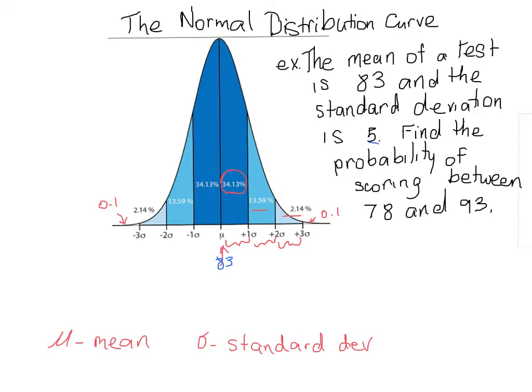The next score on our graph would be 83 plus 5, which is 88 right here. The next one will be 5 plus that score, so 88 plus 5, we would have 93. And another 5 would put us at 98.